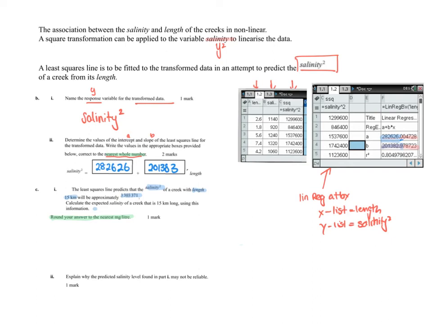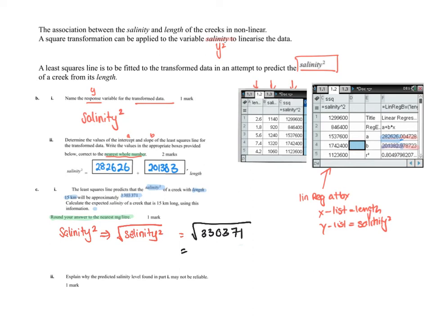So if they've given you salinity squared, you can find the salinity by square rooting this salinity squared. So what we're going to do is the square root of 330371 and find out the salinity of that.